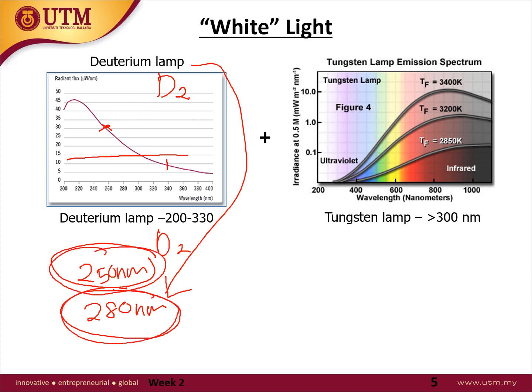Now the tungsten lamp: the highest intensity, the most optimum wavelength, is around 700 to 800. Around 400 to 500 is still okay, but the irradiance is not as good as this one.